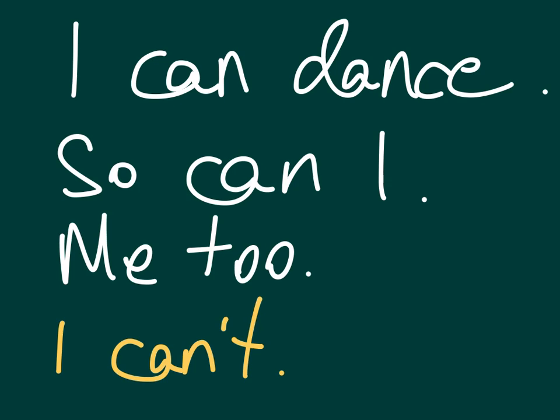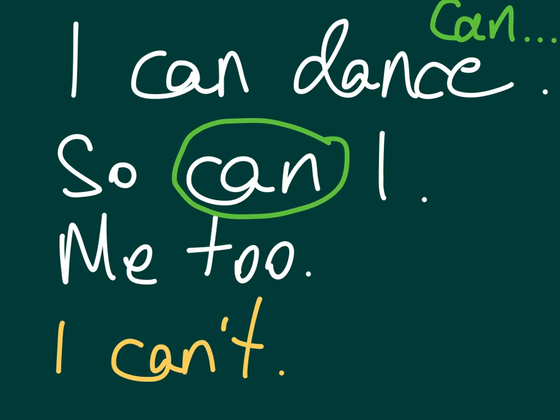So to give you another example of how this works with auxiliary verbs, we have "I can dance." So if I were to ask the question, I would ask, "Can you dance?" The fact that I've used the auxiliary can means that I can use the can in the answer.